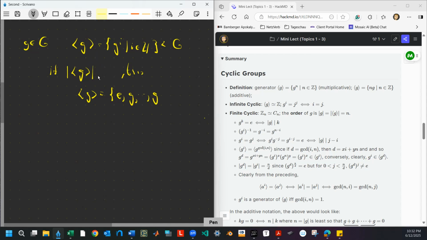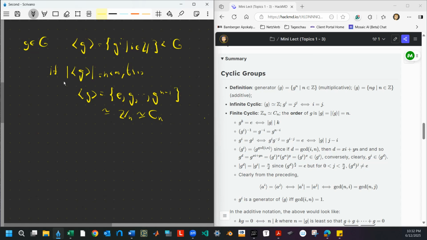Let's say G has size n, which is less than infinity. Then this thing is going to be e, g, up to g^(n-1). So it'll be cyclic, and it'll look like that, right? And so this will be isomorphic to Z_n, which we also call C_n. I think maybe your book also uses that for the cyclic group.